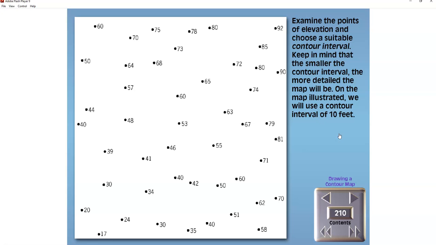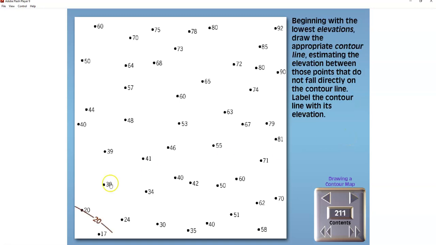So this is similar to what you had to do on that assignment with the isotherms, except they're going to get harder as we go here, but we'll be doing more practice with these. Beginning with the lowest elevations, draw the appropriate contour line, estimating the elevation between those points that do not fall directly on the contour line.